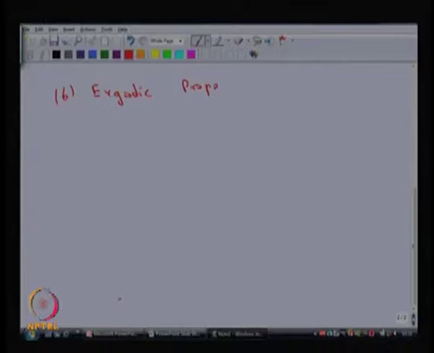The next property, or the next definition, is the ergodic property. What is the meaning of the ergodic property? It says the time average of a function along a realization or sample exists almost everywhere and is related to the space average. What does it mean?